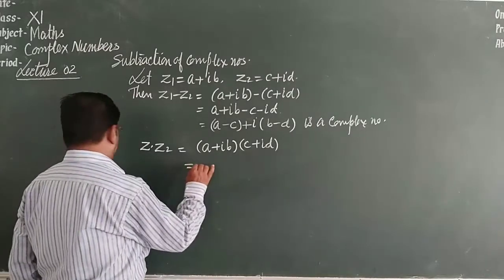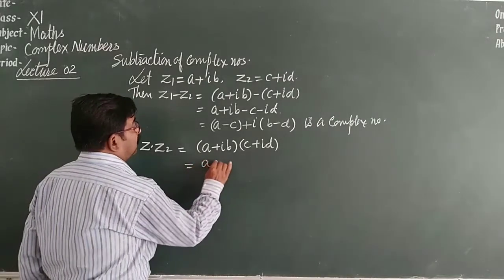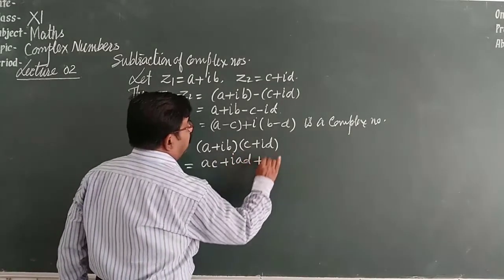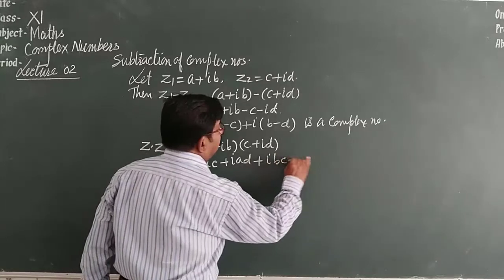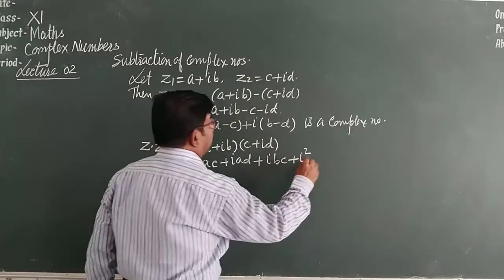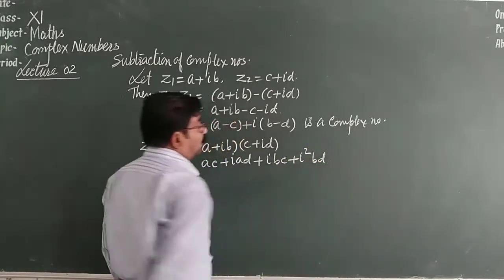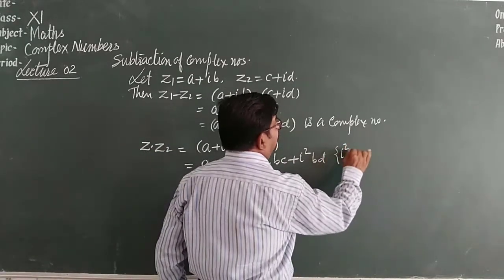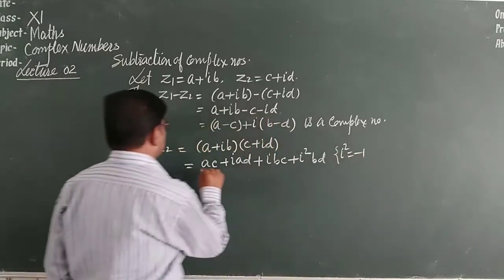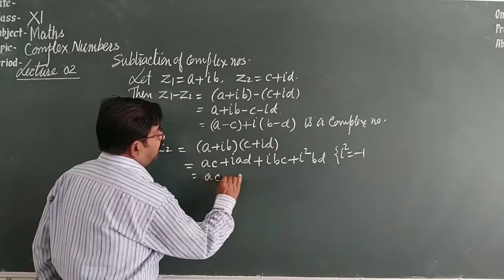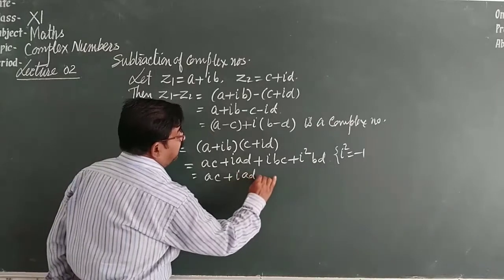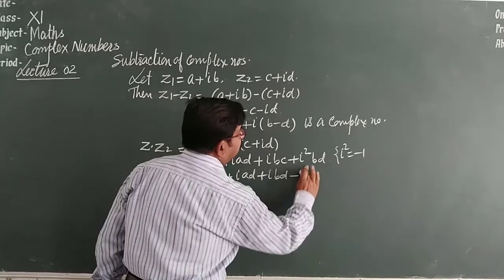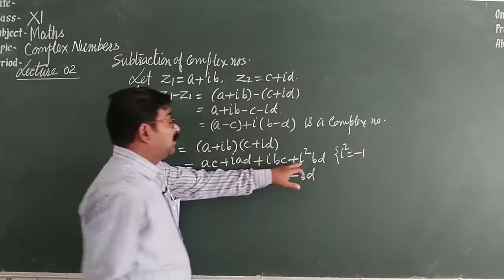Let's see, we have ac plus iad plus ibc plus i square bd, and you know i square is equal to minus 1. Since i square is equal to minus 1, so we have ac plus iad plus ibc minus bd.